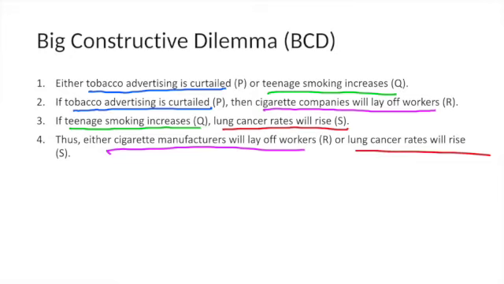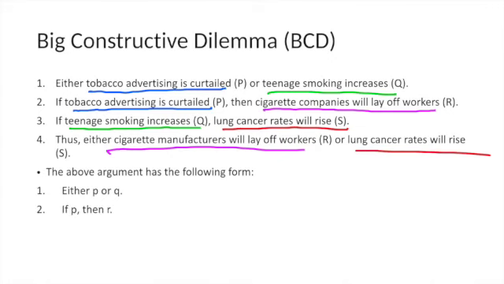So again, this argument has a basic underlying form, either P or Q. If P, then R. If Q, then S. Thus, or therefore, either R or S. So again, notice what happens here. We have two options. Each of those options becomes an antecedent.